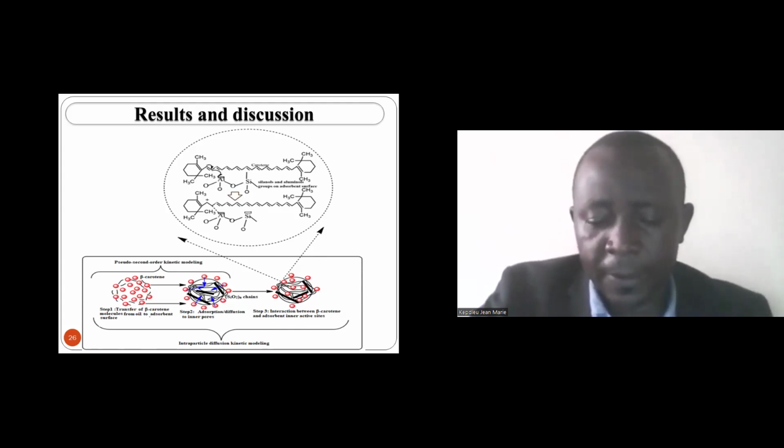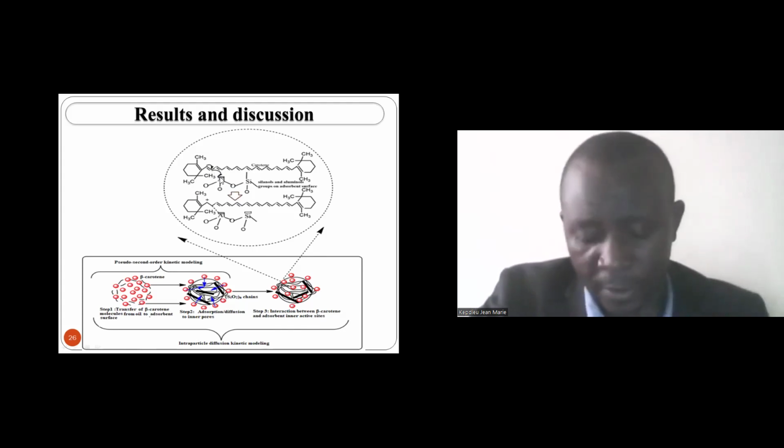And we think that the beta-carotene molecules are adsorbed on the surface of the adsorbent that has carbocations.